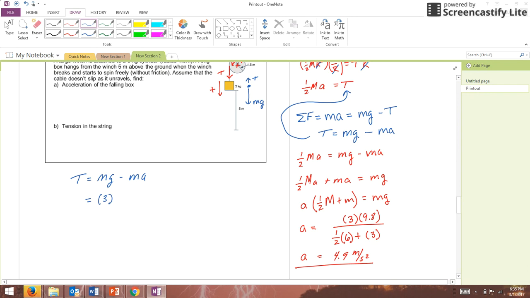So that would be 3 times 9.8 minus 3 times 4.9, and I believe, I actually don't have my calculator right now, but I believe you get 14.7 newtons. But you get the picture of how to do that anyway. So that is how you try to solve a problem like that.